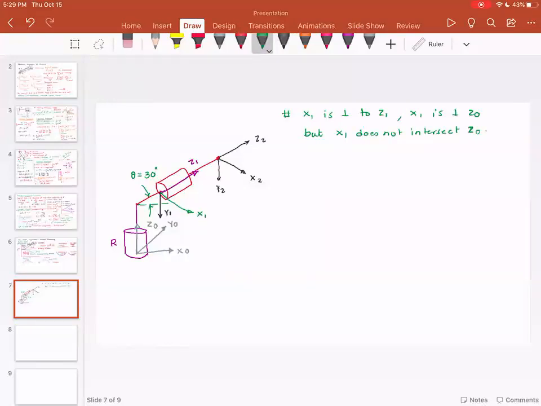And the most logical thing here, if you want to do it, is to translate x1. So if I want to translate, then I'm going to have x1, I'm going to have y1, and I'm going to have z1 like this.